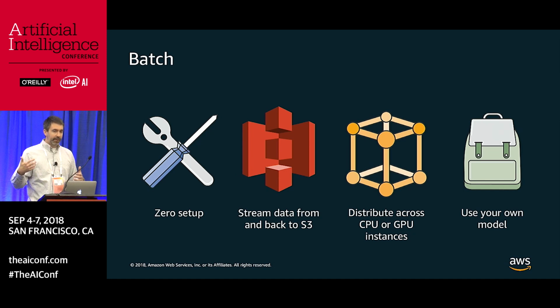We stream data right off of S3 into the batch transform instances and then back to S3 without you having to think about that. We can distribute across multiple CPU or GPU instances. So there again, inference of machine learning is typically trivially parallelizable, so we can scale up very large and very easily that way. And again, you can bring your own model with this functionality.